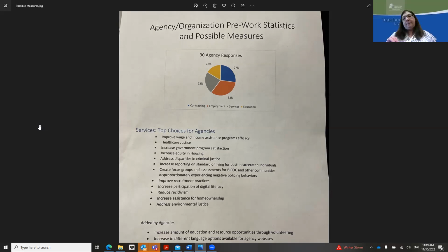So wouldn't we have to rewrite the ones that are agency specific? Like disparities in criminal justice. Is that really something that DSH and HCA is focusing on? That feels like a hard reach.